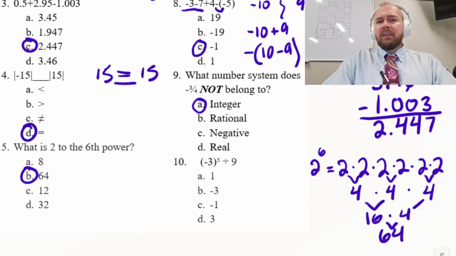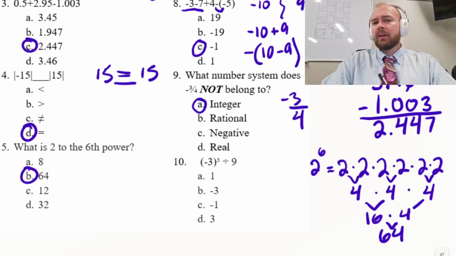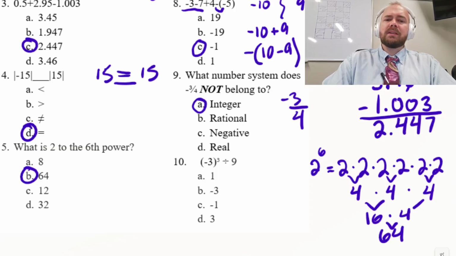It's rational because I can write it as an integer, -3, over a natural or counting number, 4. So that's the only one it's not. It's rational, it is negative, and it is a real number. All irrational and rational numbers are real numbers. So the only system it does not belong to would be the integer system.